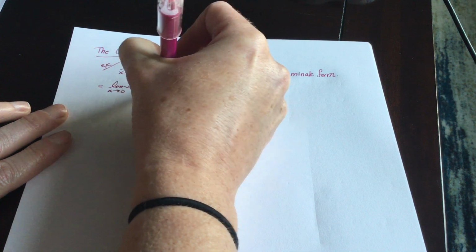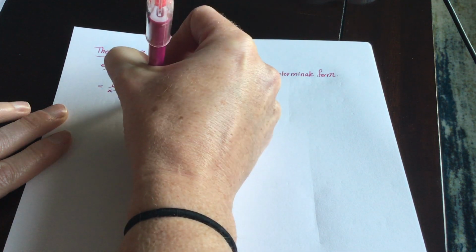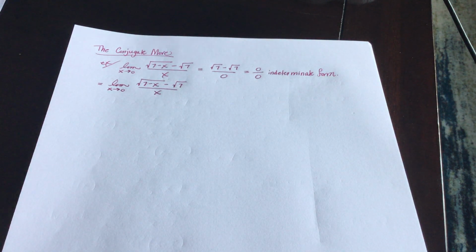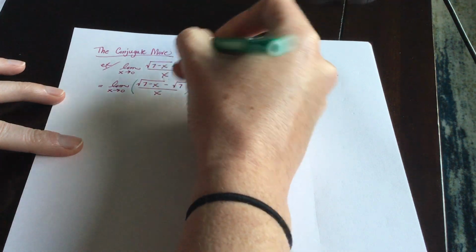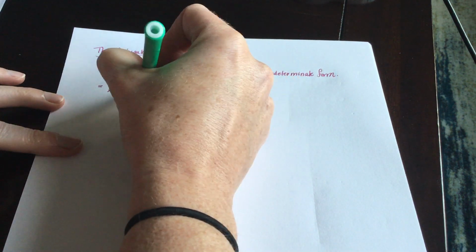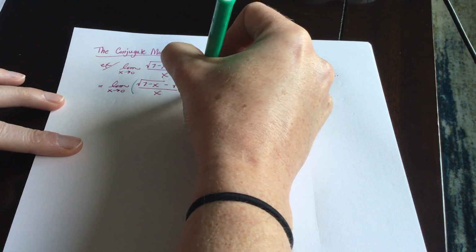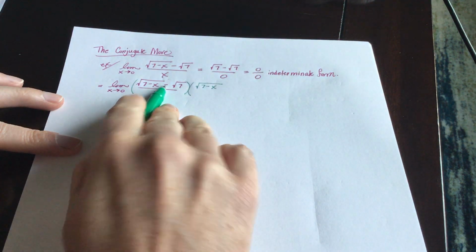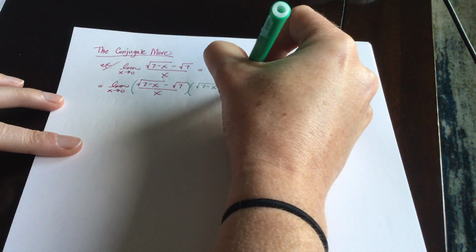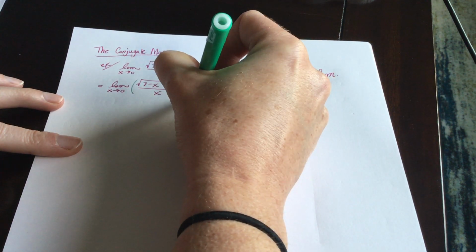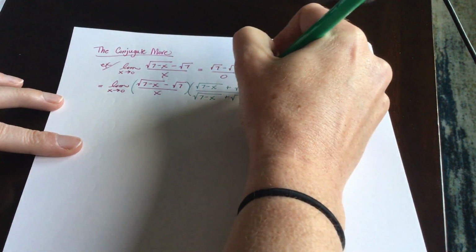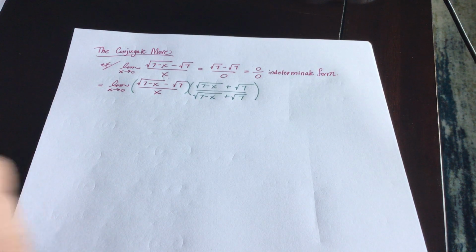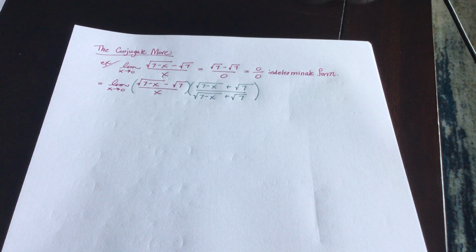You're going to rewrite the function rule as is, but then we are going to multiply by a creative version of 1, where we take the piece here that has square roots in it, and we just flip the sign. And you'd have to multiply by that over itself, because we're trying to multiply by what number? We're trying to multiply by 1, so that we're just changing the cosmetics. We're just changing the way it looks, not its true value.